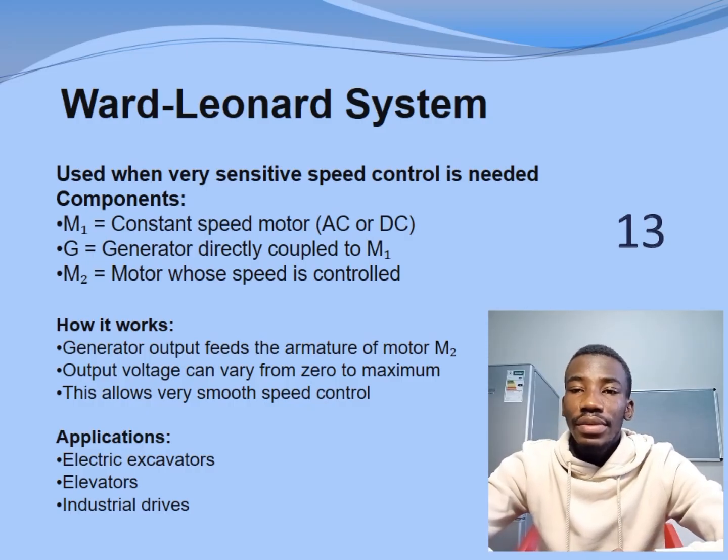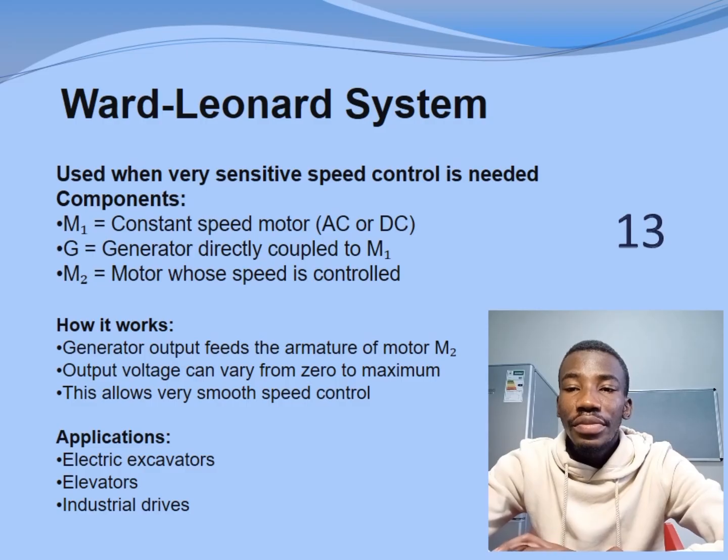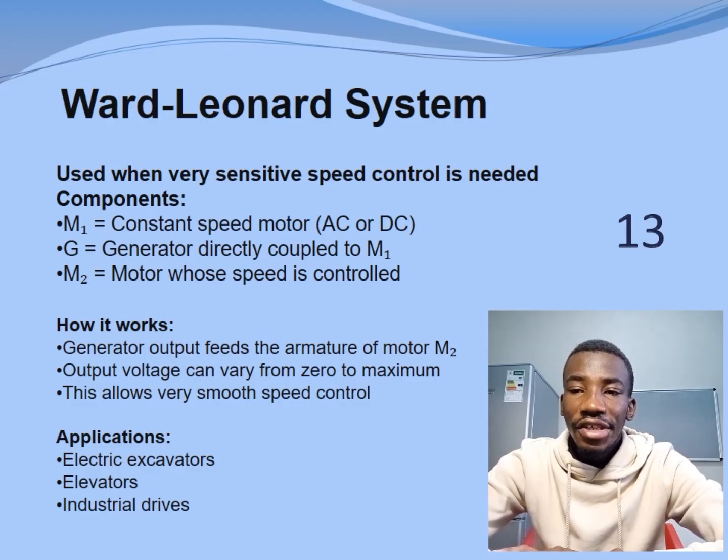How it works: generator output feeds the armature of motor M2. Output voltage can vary from 0 to maximum. This allows very smooth speed control. Applications: electric excavators, elevators, and industrial drives.